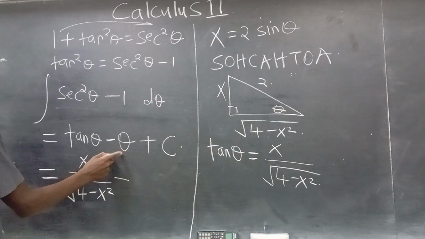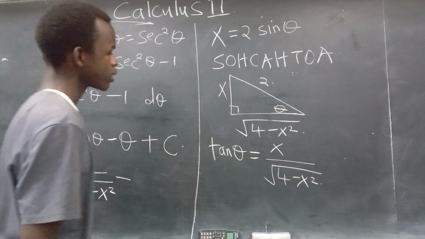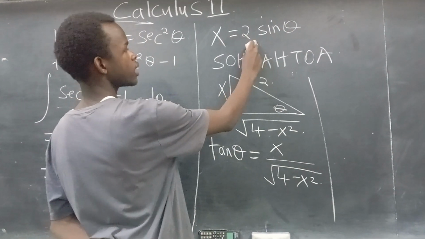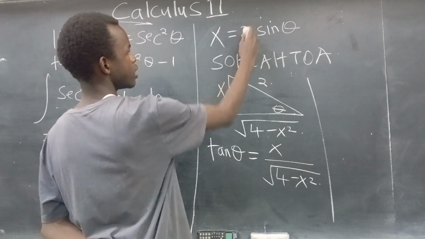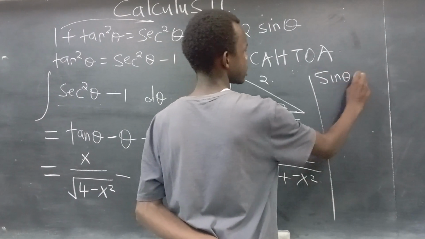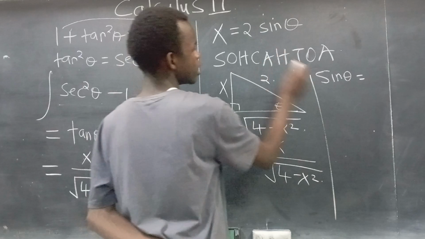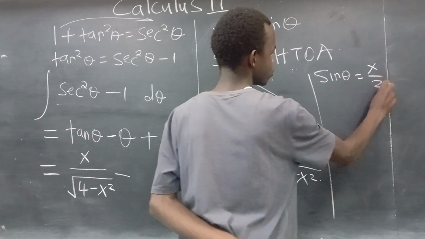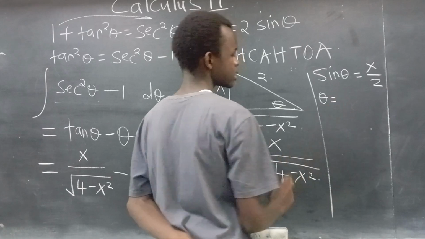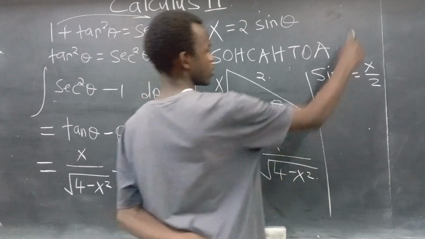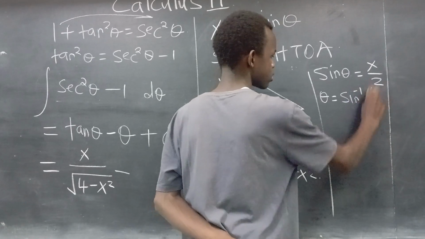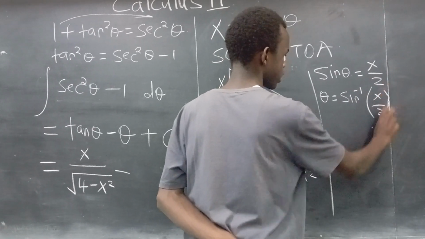My theta alone, I will get it from here. So x divided by 2 is sine theta. So sine theta is the same as x divided by 2, okay? So my theta alone is arc sine of that, the same as sine inverse of x over 2, right?